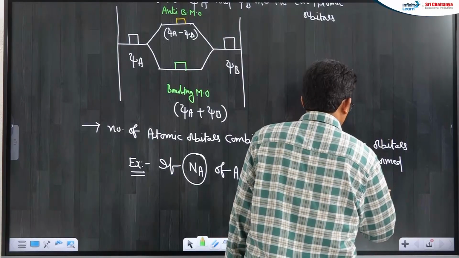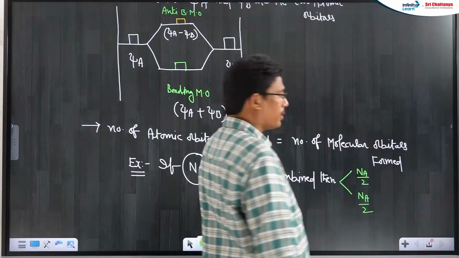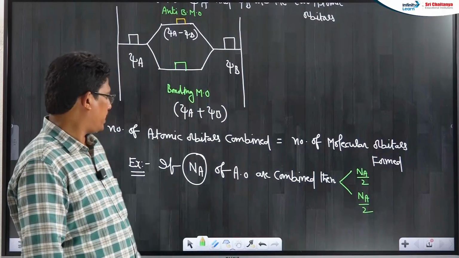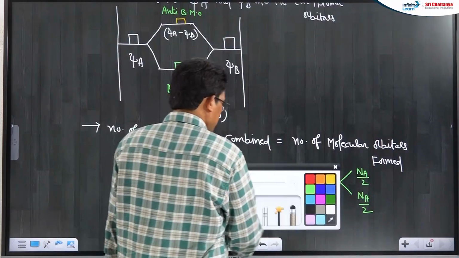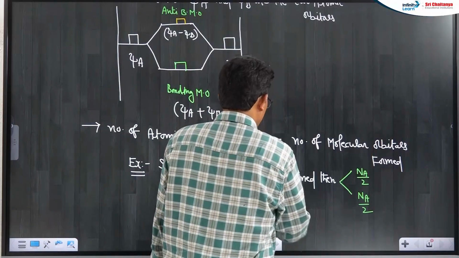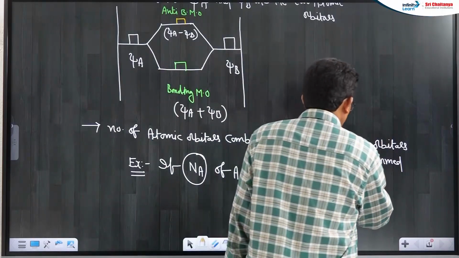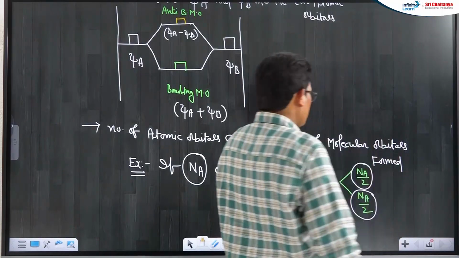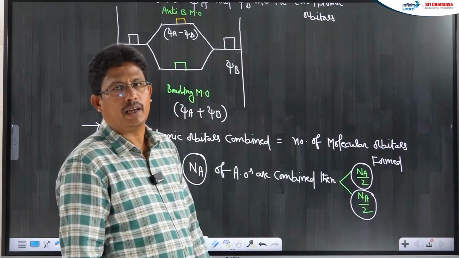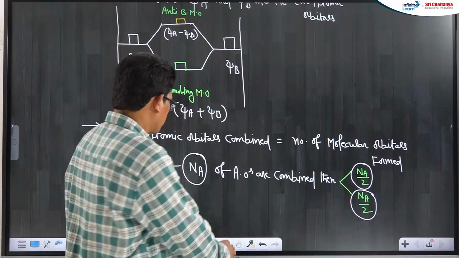Half bonding molecular orbitals and half anti-bonding molecular orbitals are formed. The number of bonding orbitals formed is equal to half of the Avogadro number, and the remaining half are anti-bonding molecular orbitals.